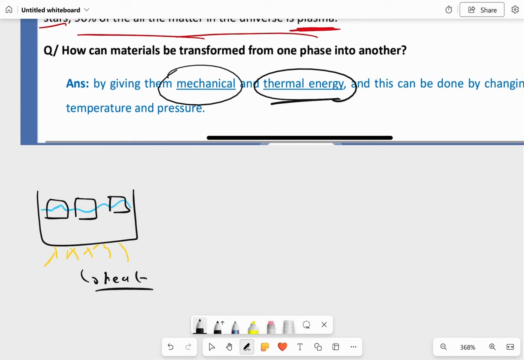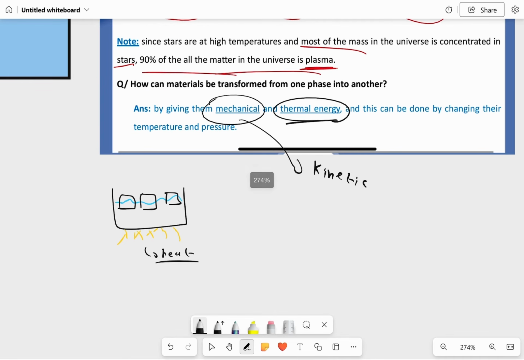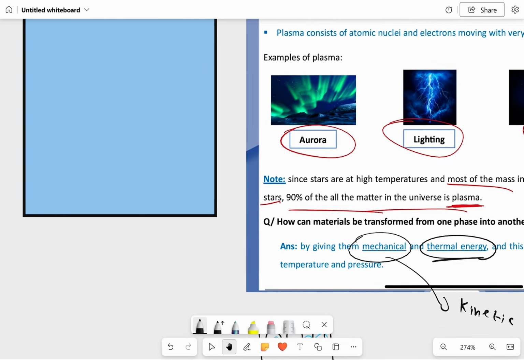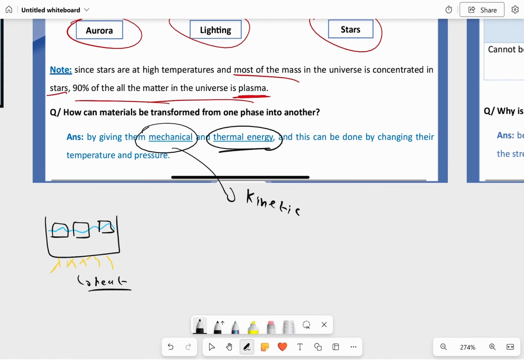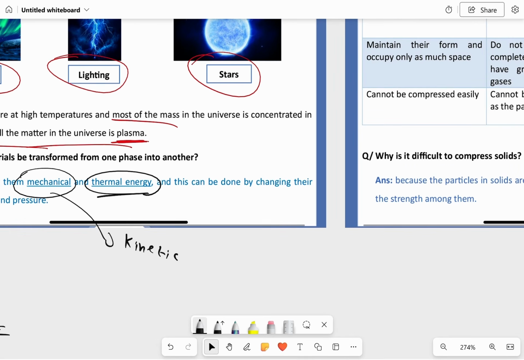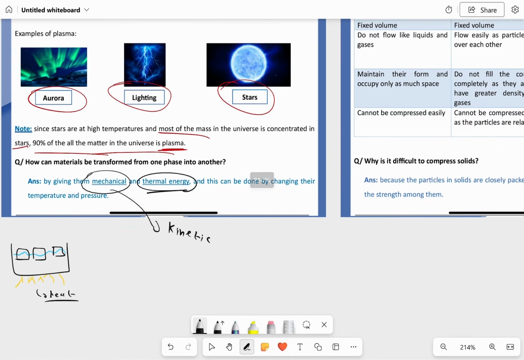By mechanical energy we mean kinetic energy. So when you stir or shake the liquid, it's going to make the process of melting faster, and you will change the phase from one to another, let's say from solids to liquids or from liquids to gases.